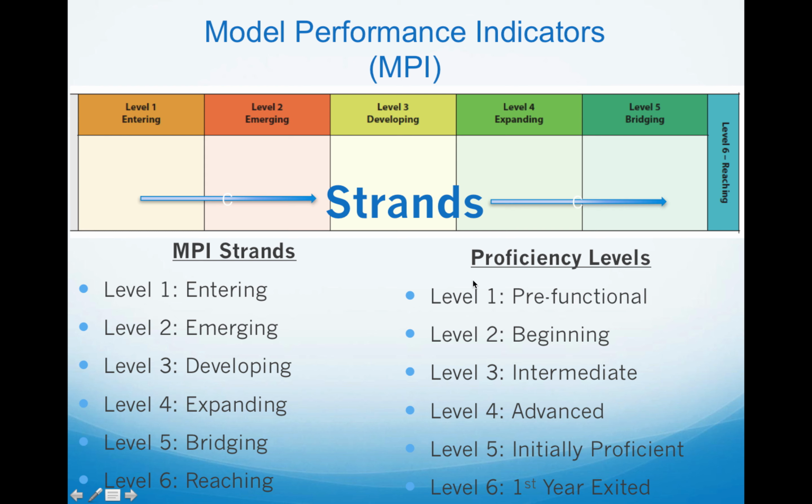So entering equals prefunctional. Emerging is the same as beginning. Developing and intermediate are the same. Expanding and advanced. Bridging, initially proficient. Reaching, and first year exited. Just to make sure that you realize that.